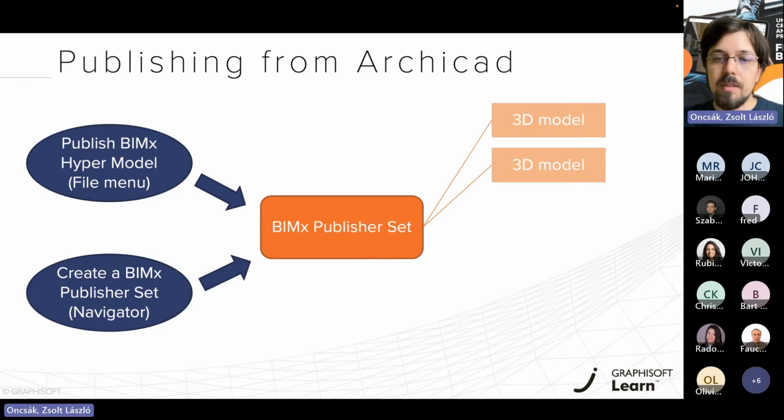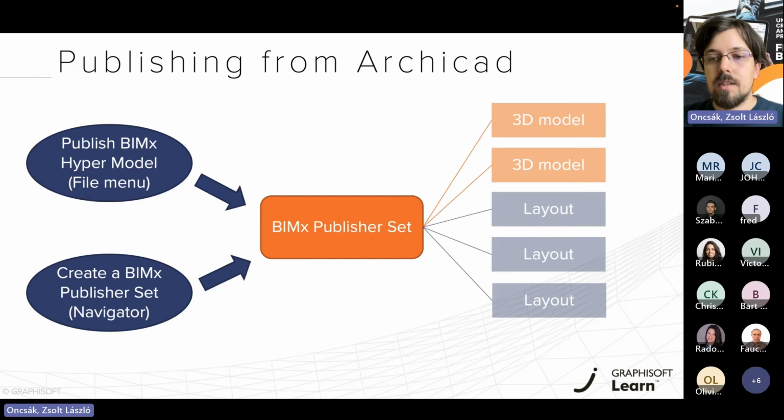These items can be 3D models. The important thing to mention here is that you can not only include one 3D model, you can include multiple ones as well. So maybe you have an architectural 3D view, and you have a structure 3D view. And if you place those into the publisher set, then both views of the same project will be exported.